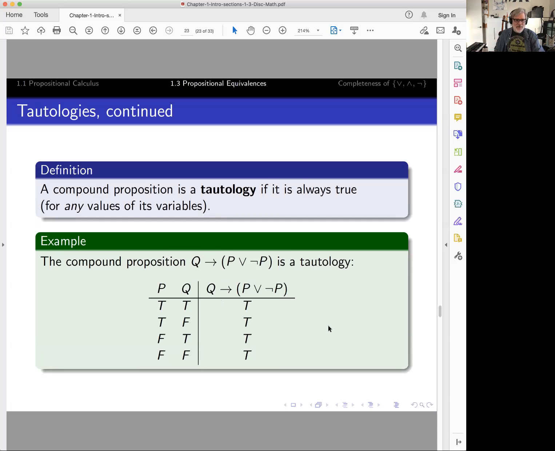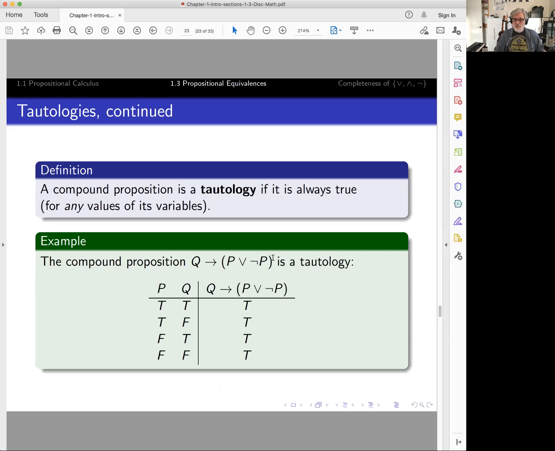But there's a meaning behind it, which is interesting. Here is another one, which is not as obvious: Q implies P or not P. This is a tautology. Why is that? Well, you can compute it, or you can think about it in the following way. We just saw that P or not P is always true, whatever the value of P is.